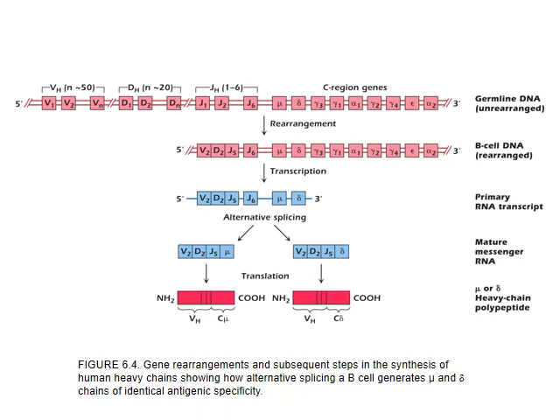Then you can see now we have V, D, and J, and we have the C region, which is a constant region, and you see there's a gene for gamma, alpha, mu, delta. So everything is a gene. So we'll pick one of these because we want to make IgG, IgM, whatever. Then we have a choice again in the V section, 50 choices, D section, 20 choices, J joining 1 to 6.